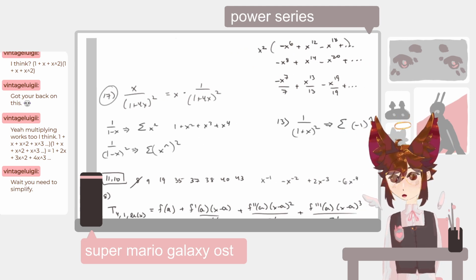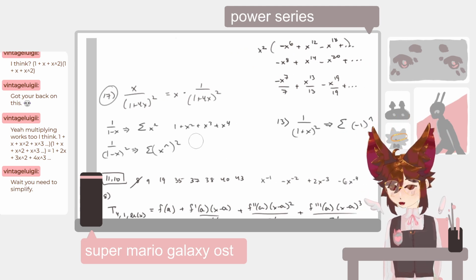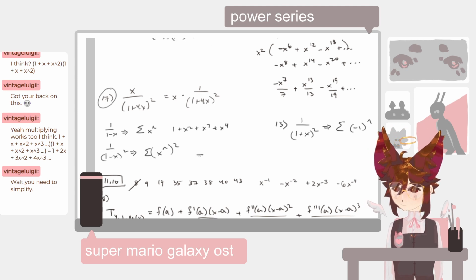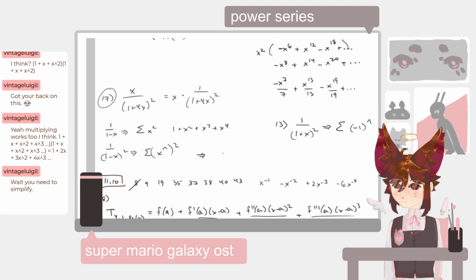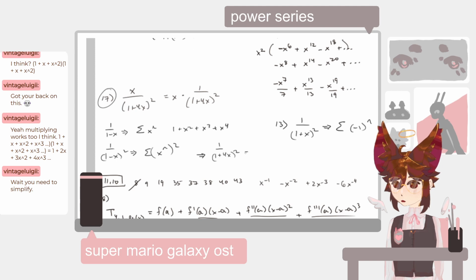Oh my god, it was right. It was right. And I just looked at the wrong answer. 1 over 1 minus 1 plus 4x squared equals... It's not this.